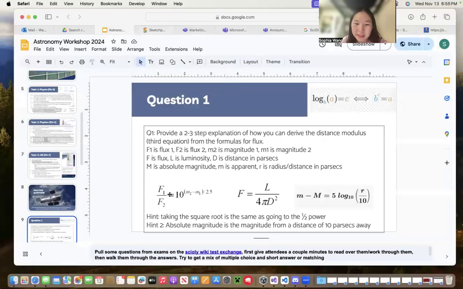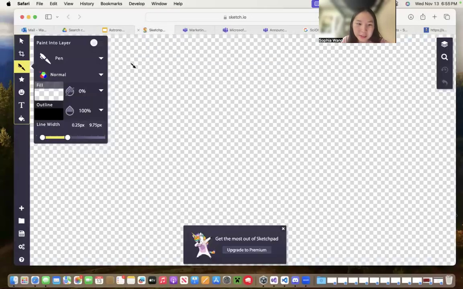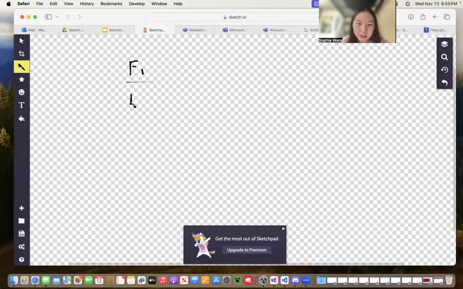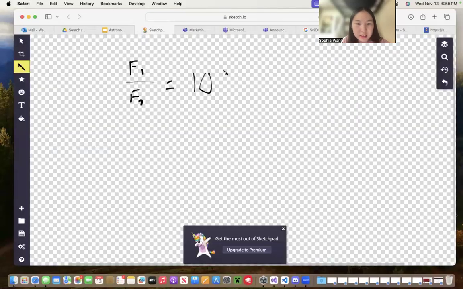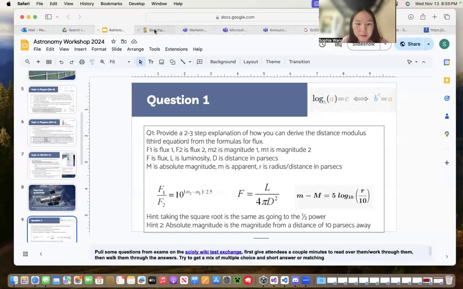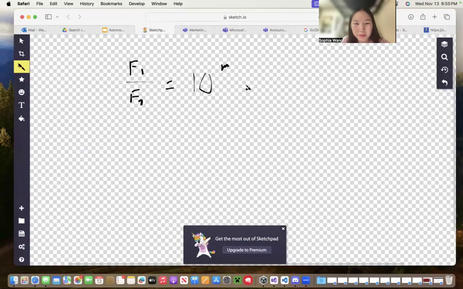So we're starting here with the first flux equation, which is F1 over F2 equals 10 to the (m2 minus m1) all over 2.5. Yeah, really sorry about the handwriting.